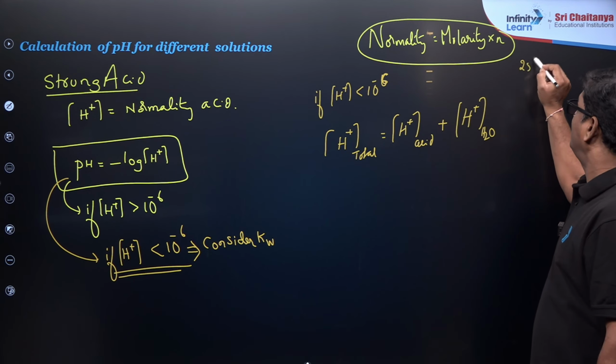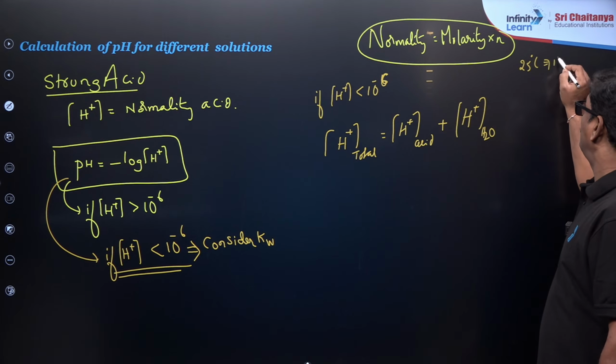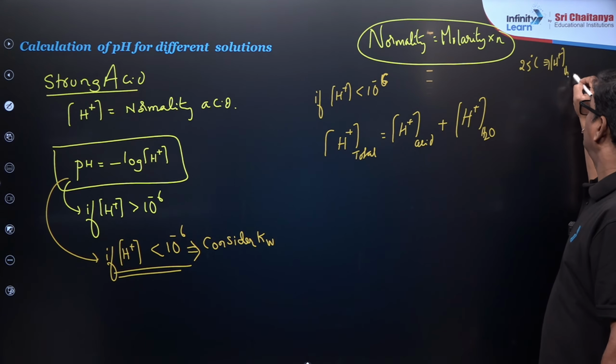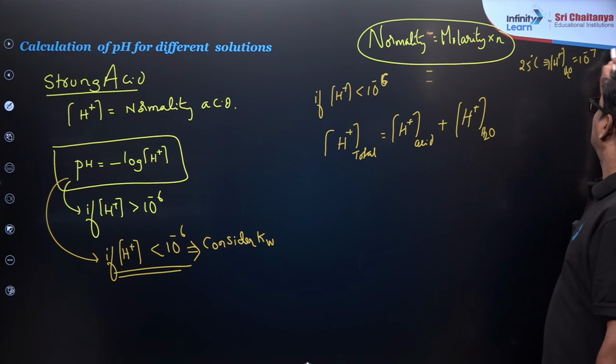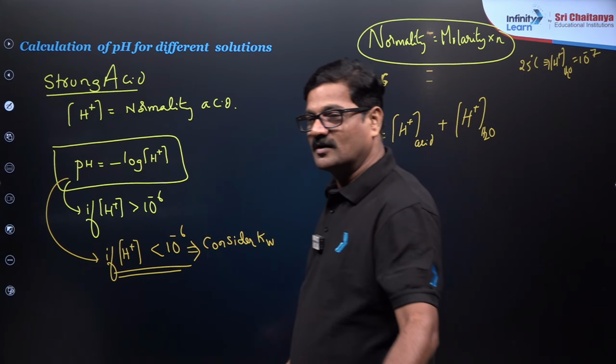As long as it is 25 degrees centigrade, H plus of the water is going to be 10 power minus 7 mole per liter.